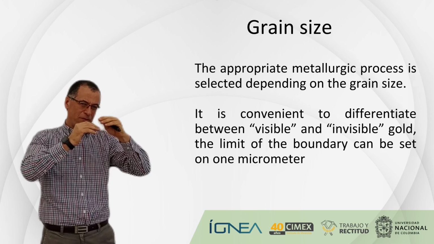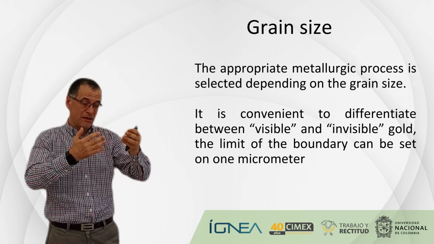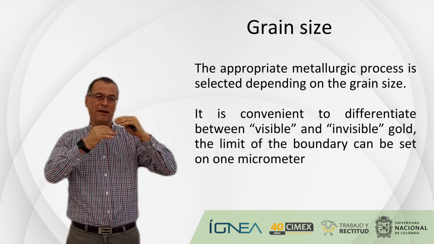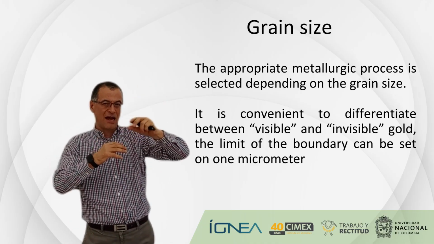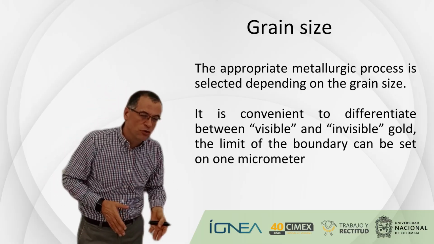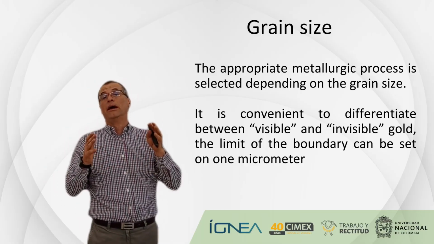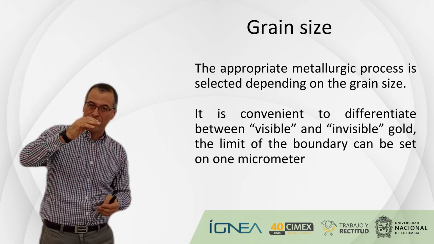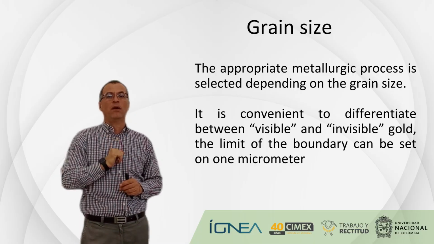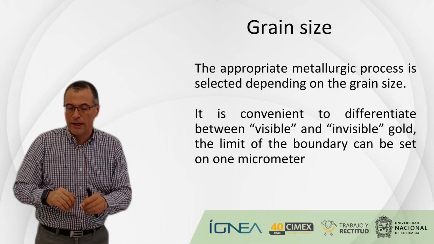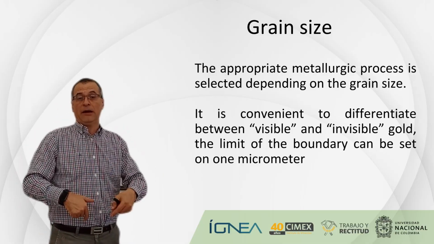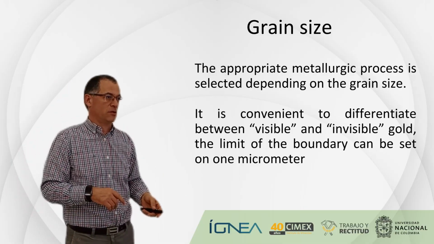When you have gold with a size larger than 10 micrometers, it's possible to use a gravimetric process. When the size of the gold is less than 1 micrometer, you need to use another process, and one of them is the hydrometallurgical process.